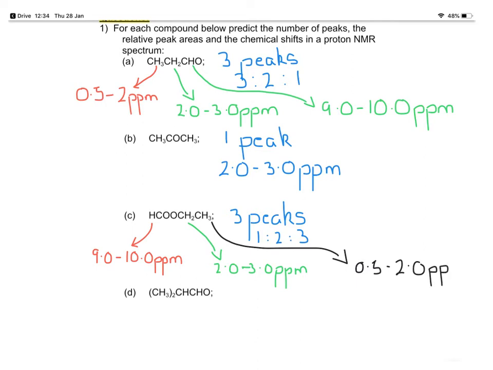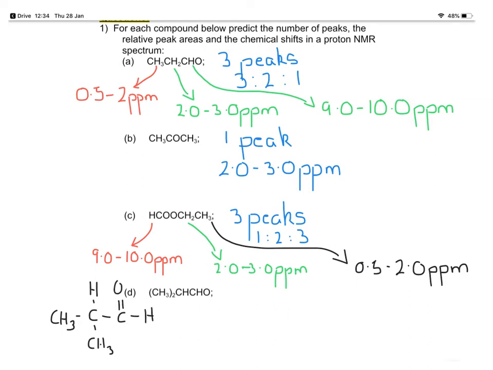And I'm hoping you're getting the hang of this by now. Now it's definitely a good idea to draw out this structure for D so that we can see it. So we've got a carbon joined to a hydrogen attached to 2 methyl groups, which is attached to a carbonyl which is attached to a hydrogen.